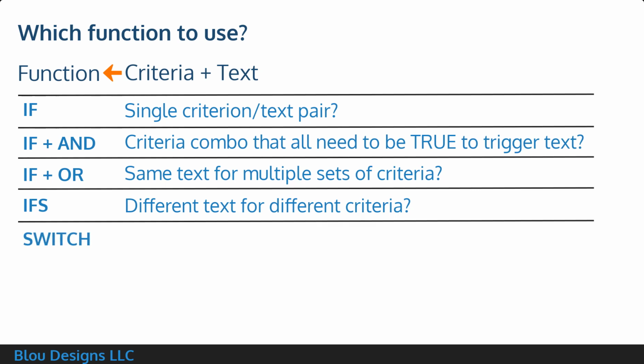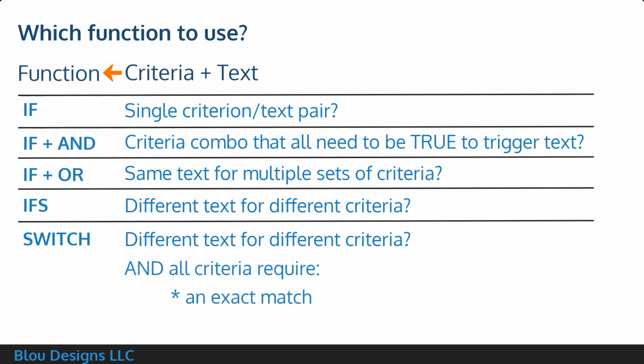In this case, the conditional text is still different based on which criterion you match against, but now all of your criteria involve an exact match and repeat the same calculation to determine whether a match exists in your data. While ifs can provide the same functionality, switch will give you a performance gain.